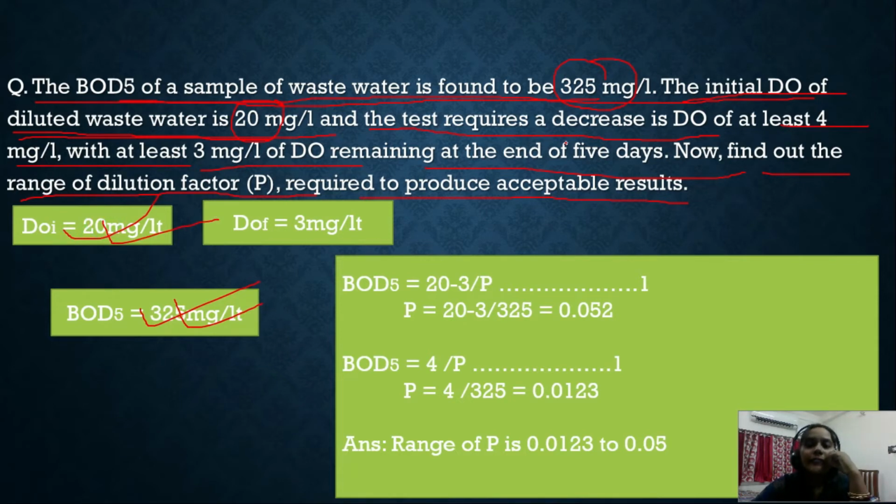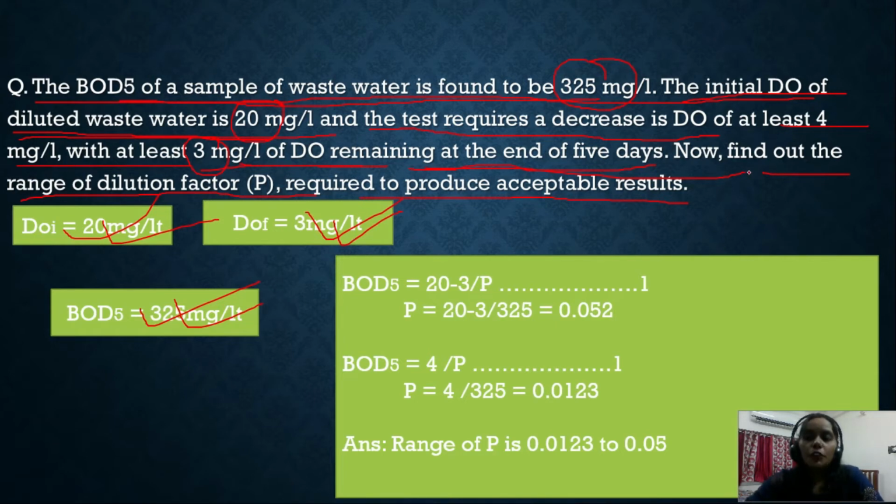Now the test requires a decrease in dissolved oxygen of at least 4 milligram per liter, with at least, look here, 3 milligram per liter of DO remaining at the end of the 5 days. That means the final value is also 3 milligram per liter. So the data are clear: BOD value is 325 milligram per liter, the initial value is 20 milligram per liter, and the final value is 3 milligram per liter.